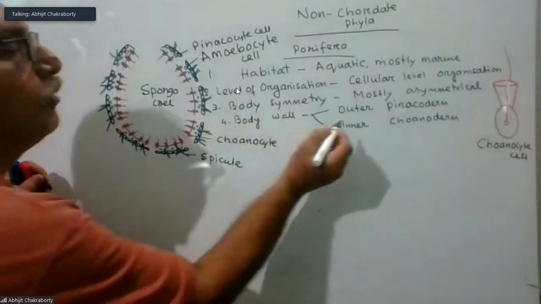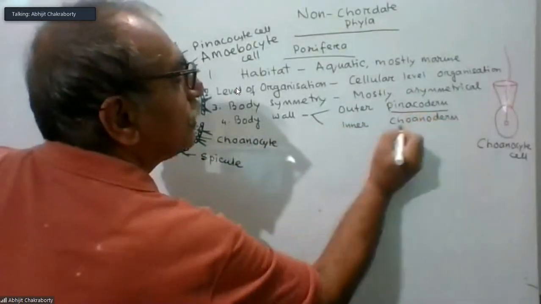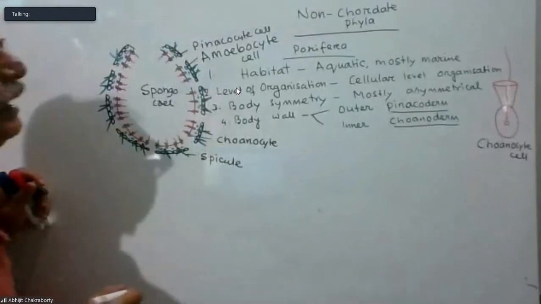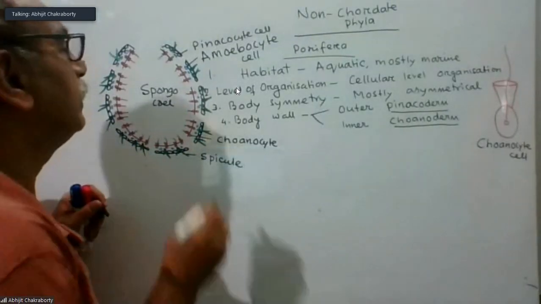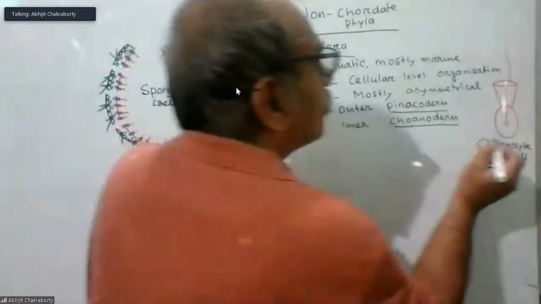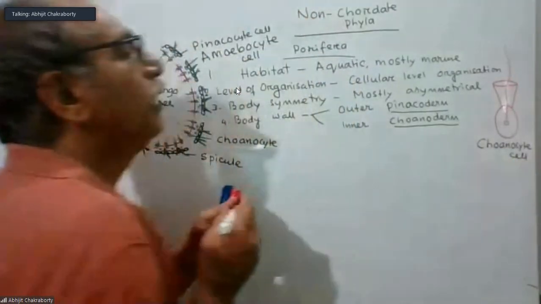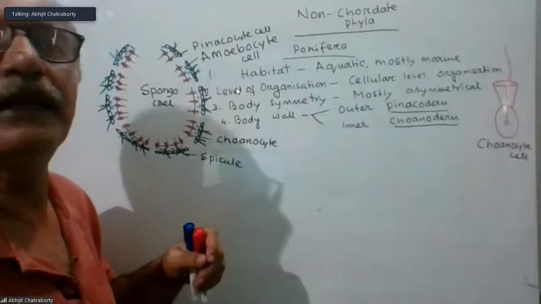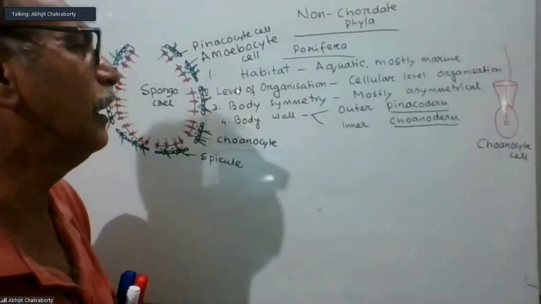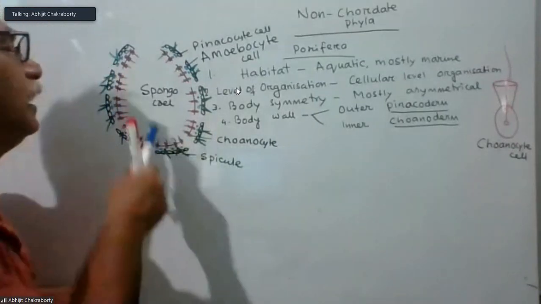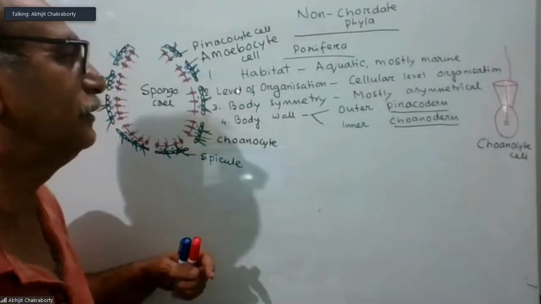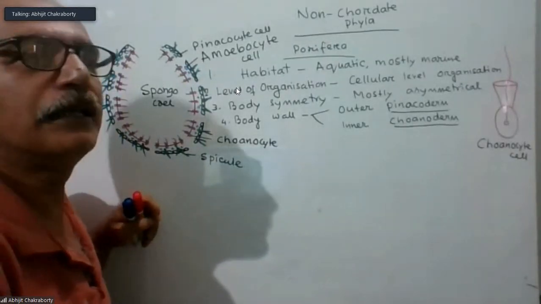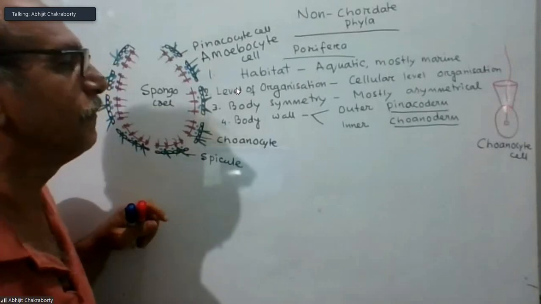So outer pinacoderm already shown, inner choanoderm, and next, you will get the choanocyte cells. In the choanoderm layer, you will get the choanocyte cell having flagella, and they control water current, and by controlling water current they help in capturing food. This is the role of choanocyte. Pinacocytes are protective in function.